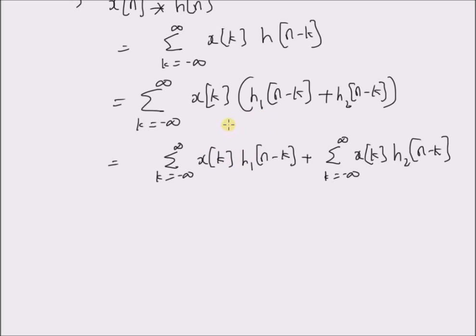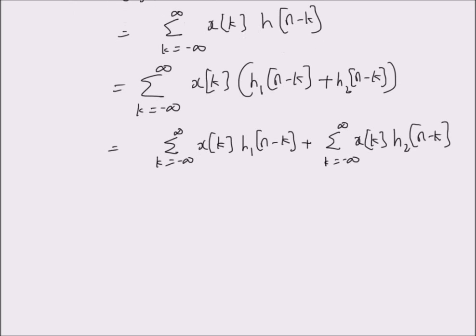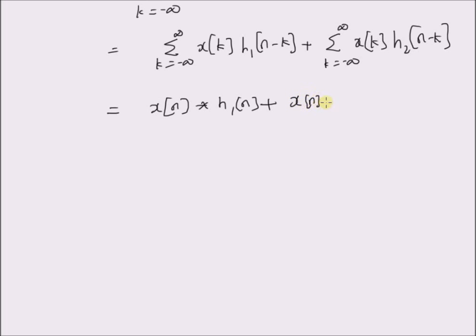So by using that property, we are able to write the distributive property of convolution. So this is equal to x of n convolution with h1 of n plus x of n convolution with h2 of n. That is, this sum is this convolution and this sum is this convolution. Therefore, the distributive property is proven.